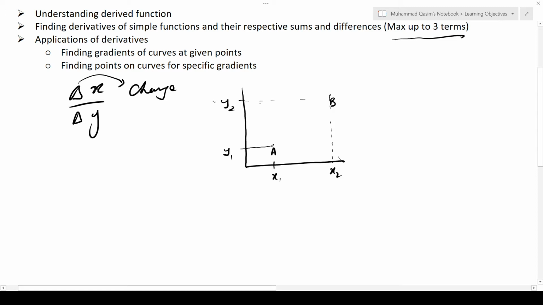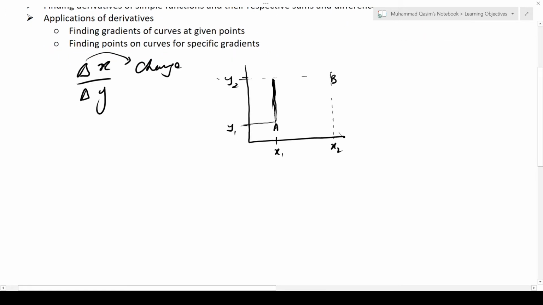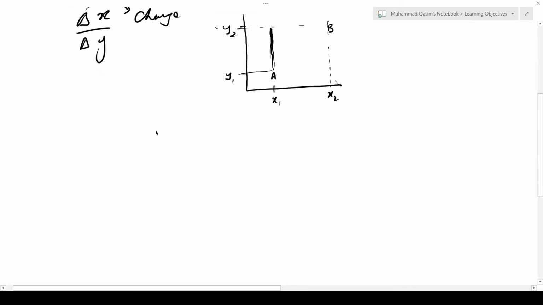Now, if I am to go from A to B, when I do a vertical movement, I'll be covering this distance. This distance can be given as y2 minus y1, which can also be referred to as a vertical change.